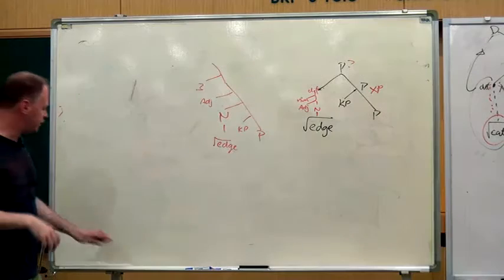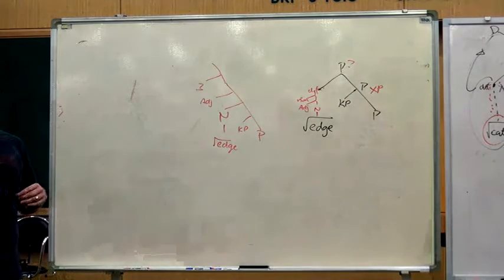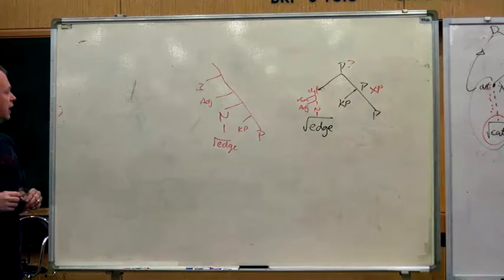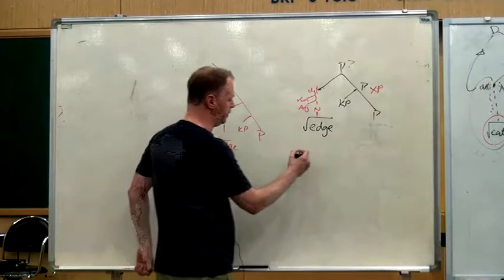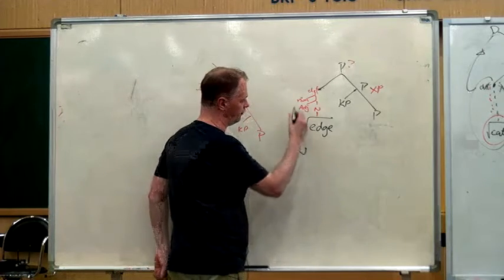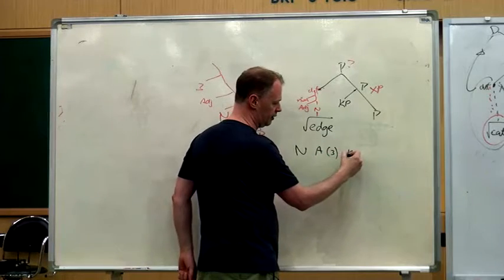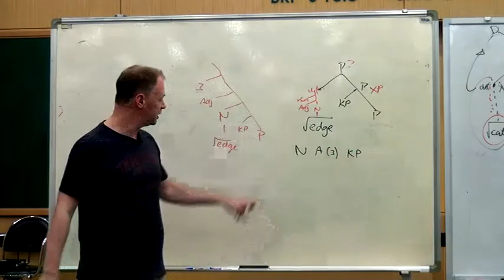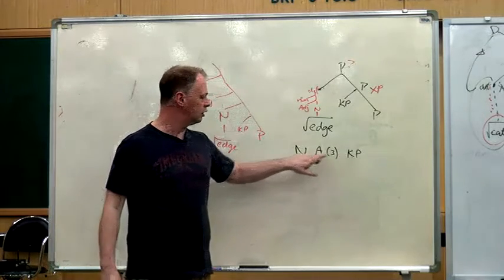However, imagine we had a language where the adjectives come after the noun. Okay. Well, this system here predicts that we should have noun followed by the adjective, maybe the number, and then the prepositional phrase. So we'd get edge, long, of the table.